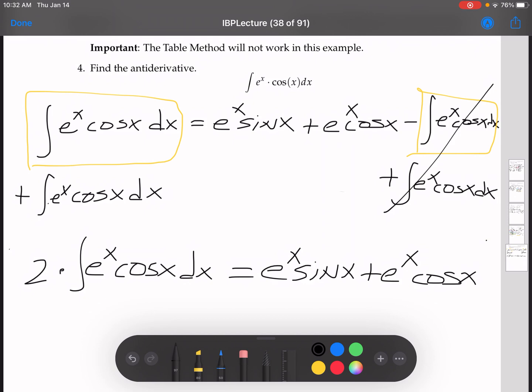Now to solve for this thing, we divide by 2 or multiply by a half. So that turns into putting a little 1/2 in front there, plus c. And so that's the answer.